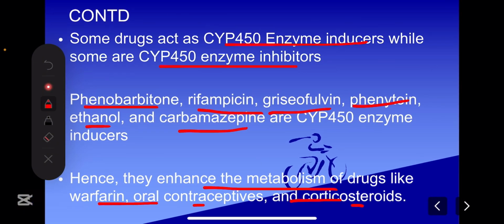So if a woman comes up with seizures and is taking carbamazepine, and then she takes oral contraceptives, the oral contraceptive breaks down quickly, because this carbamazepine is an inducer. It causes cytochrome P450 to work faster in breaking down that drug.